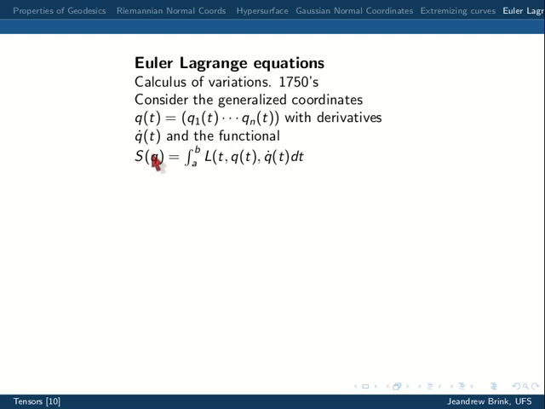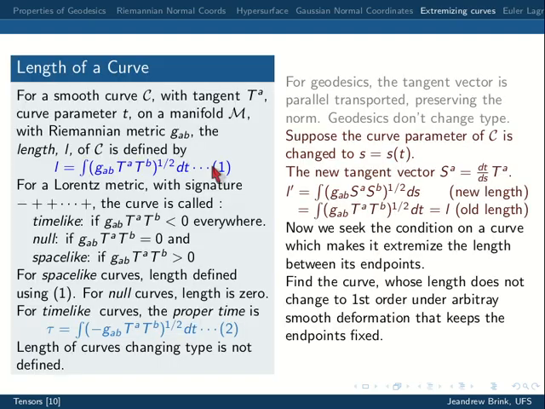Okay, so that's where calculus of variations starts. And through a very, very clever argument, you can eventually write down equations for Q and Q dot that they obey so that this integral is optimized. It turns out that those equations that you get for L will give you the geodesic equations if you choose L to be this thing. Okay, the two are the same.